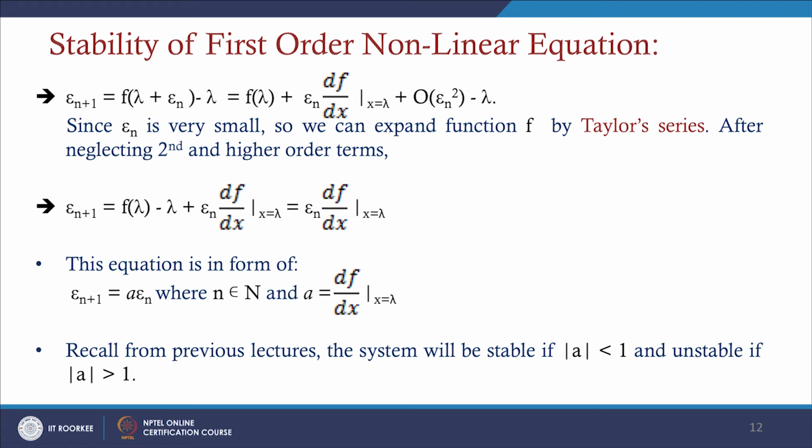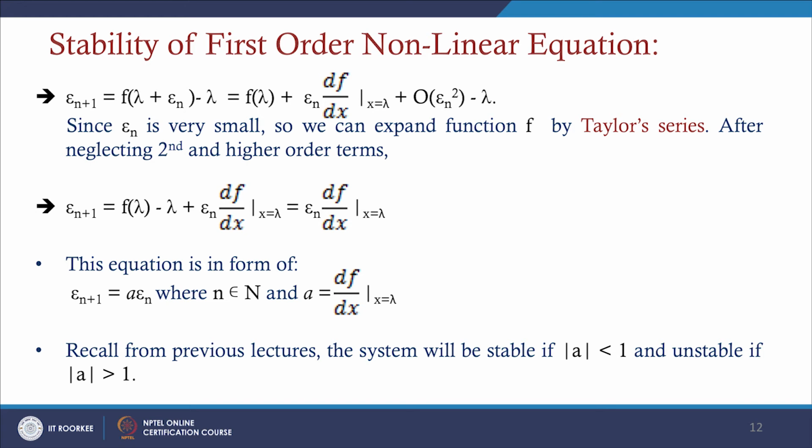If we neglect the higher order terms, with minus lambda included, we get f of lambda minus lambda plus epsilon_n df by dx. Since we assume lambda equals f of lambda, this gives epsilon_n times df by dx at x equals lambda.